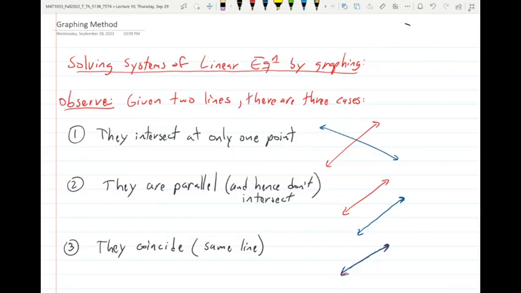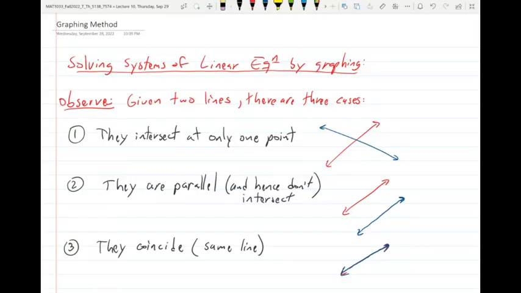So to solve a system means that you want to find solution for both equations, the solution that works for both of them. Graphically, that means you want to find a point that lies on both lines at the same time. Okay? Now, these are the 3 possibilities. Can you think of another possibility that we could have graphically when you draw 2 lines? Either they cross or they don't. If they don't, it's this.